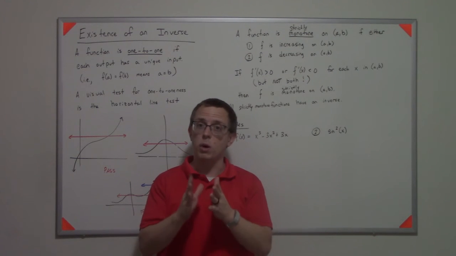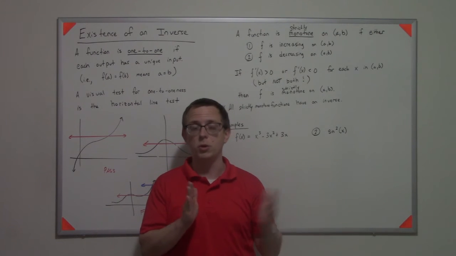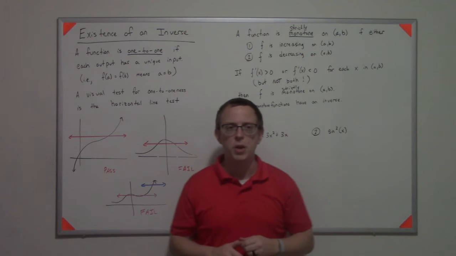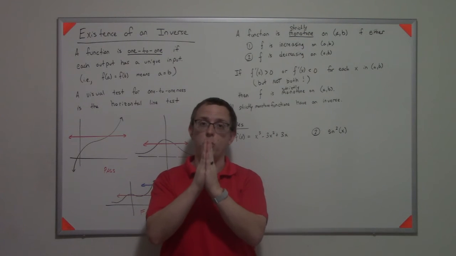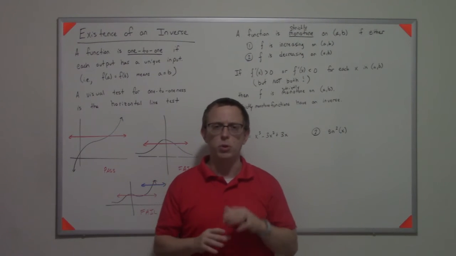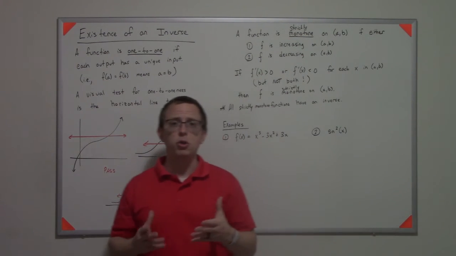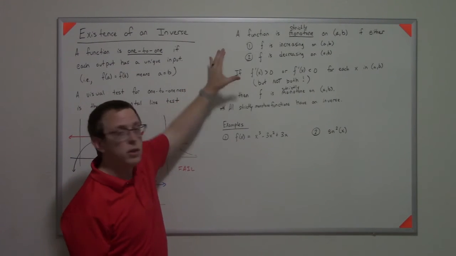And notice that the square root of x has a domain of only non-negative numbers, and its range is also only non-negative numbers. If you restrict x squared to that, you will also have a domain of non-negative numbers and a range of non-negative numbers. I don't want to pack too much into this video, but essentially this is the whole point: you take the derivative and check.